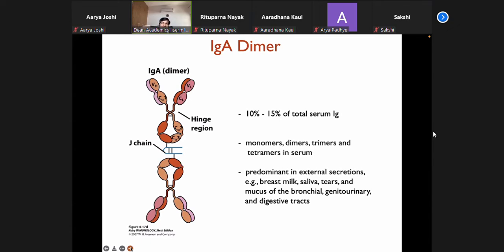Those IgA can be found at most of these mucosal surfaces, and they can neutralize the virus, bacteria, or parasite at its portal of entry. This is a very critical antibody for protecting you against an infectious agent, because it is present in these secretions.